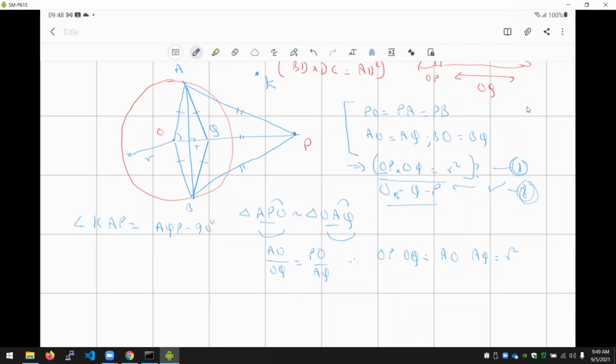Sir, in triangle AQO, angle AQO and angle AOQ are going to be 180 minus angle AQP. Yes, correct.